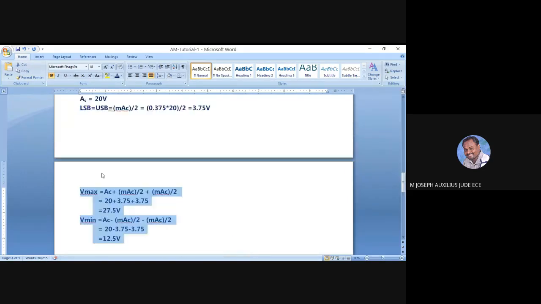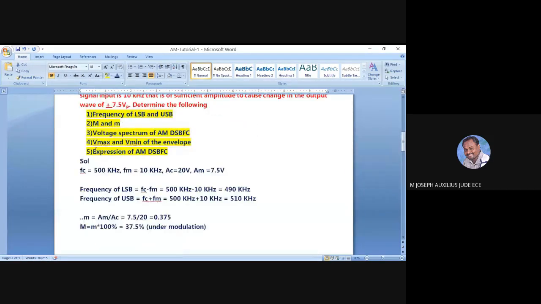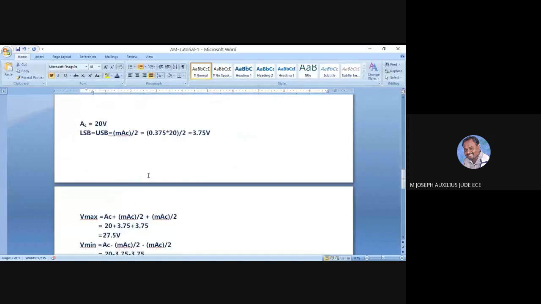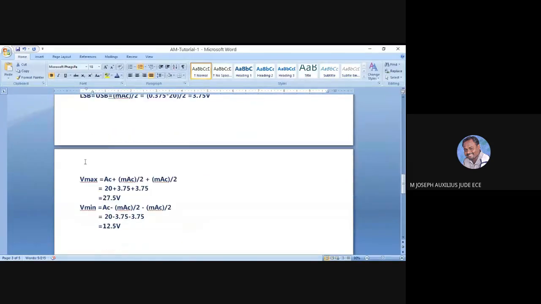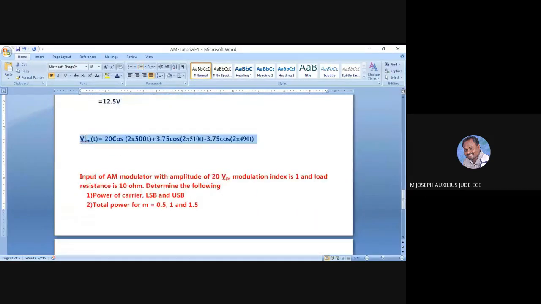What is the last one they have asked? You are going to write the expression of AM double sideband full carrier with respect to the derived values. So you have derived a lot. From equation 11, what is our equation 11? Equation 11 is the derived expression of amplitude modulation with double sideband full carrier.